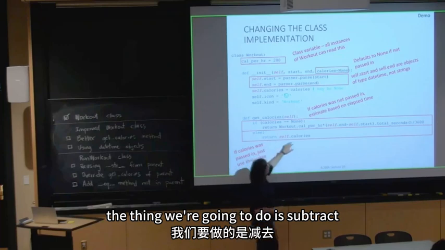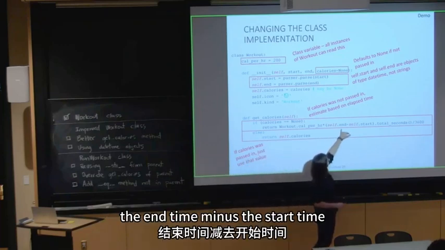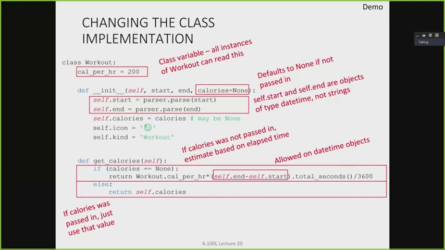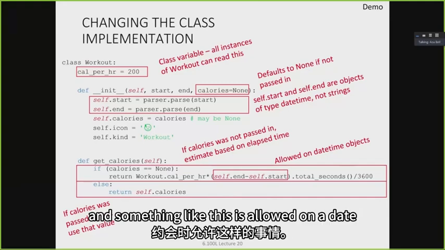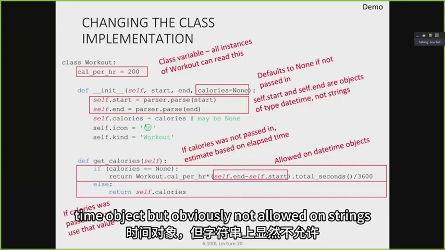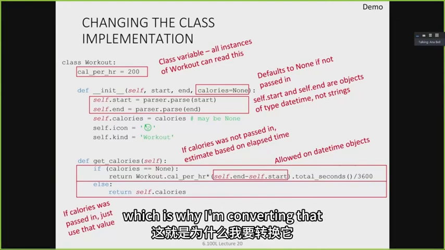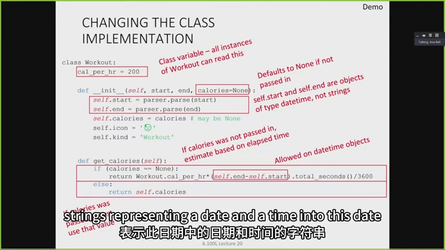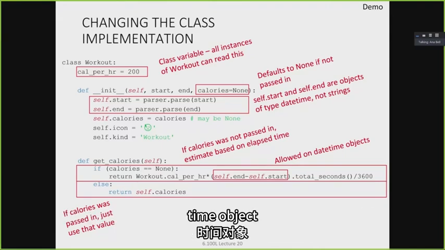The thing we're going to do is subtract the end time minus the start time. Something like this is allowed on a date-time object, but obviously not allowed on strings, which is why I'm converting these strings representing a date and a time into this date-time object.